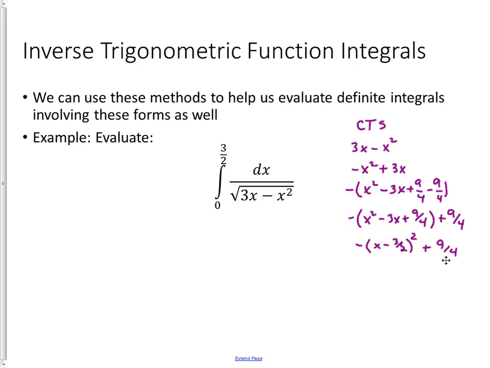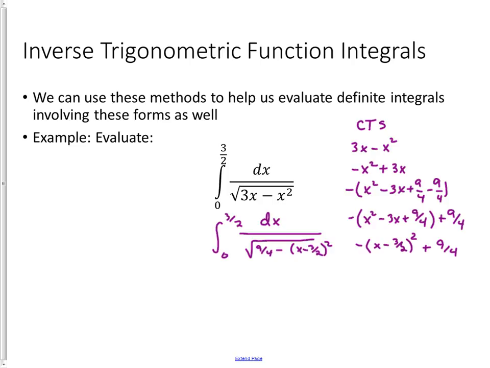And this equivalent expression, if I switch the two terms, is going to give me a new integral right here that can be evaluated from 0 to 3 halves of dx divided by the square root of 9/4, taking my positive term, moving in front, minus the quantity x minus 3 halves squared.